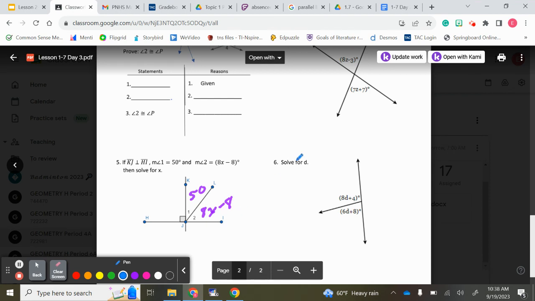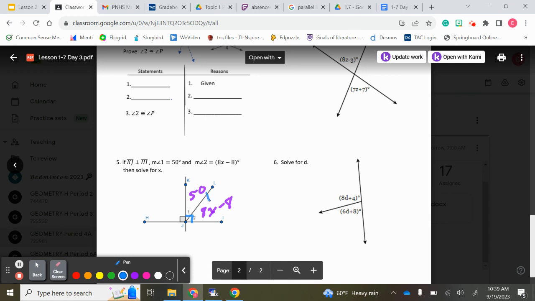Okay. 90, right? So if that's 90, then what do I do with these 2? It's an operation. I'm going to add, subtract, multiply, or divide. Add them.